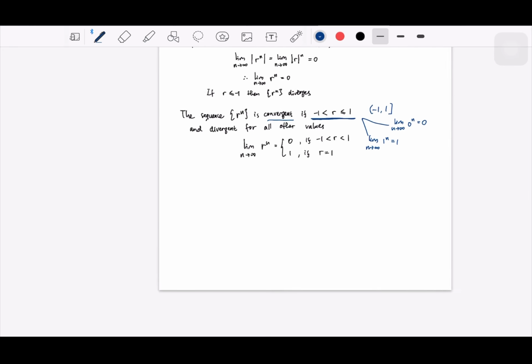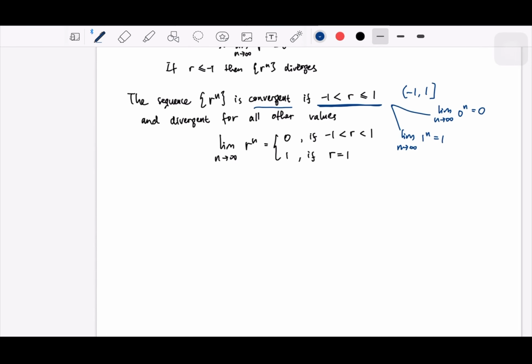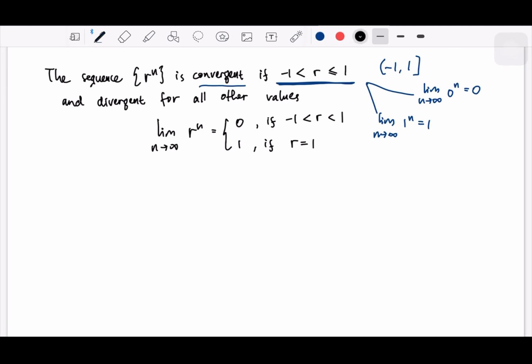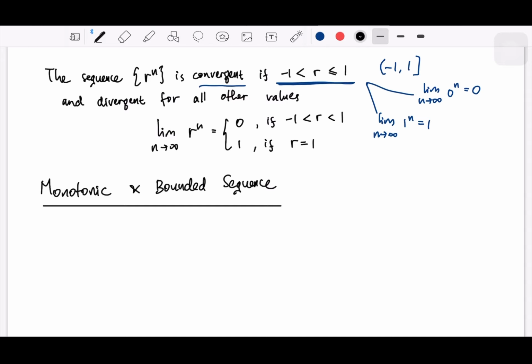Okay, now monotonic and bounded sequence. First, if you see the terms, monotonic and bounded, of course, bounded, you know what it means.